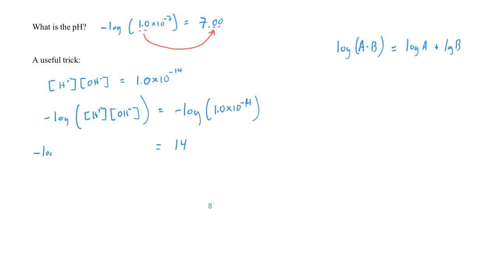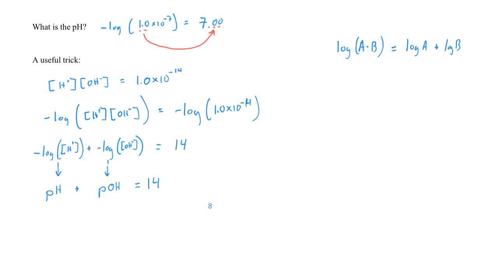When applied to this example, this property of logarithms tells us that the negative logarithm of the product of these two concentrations is equal to the negative logarithm of the concentration of hydronium plus the negative logarithm of the concentration of hydroxide, which again equals 14. Now we already know that the negative log of H plus is also called the pH, and the negative log of OH minus is also called pOH. Now why this is useful is that pH plus pOH will always equal 14.